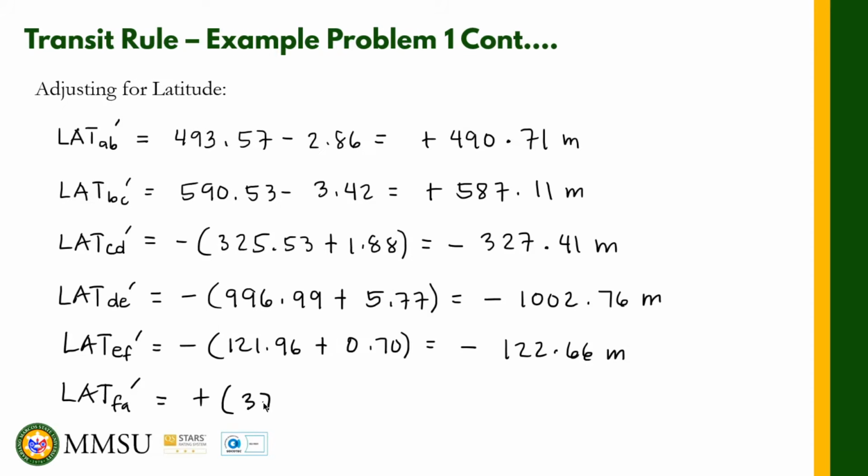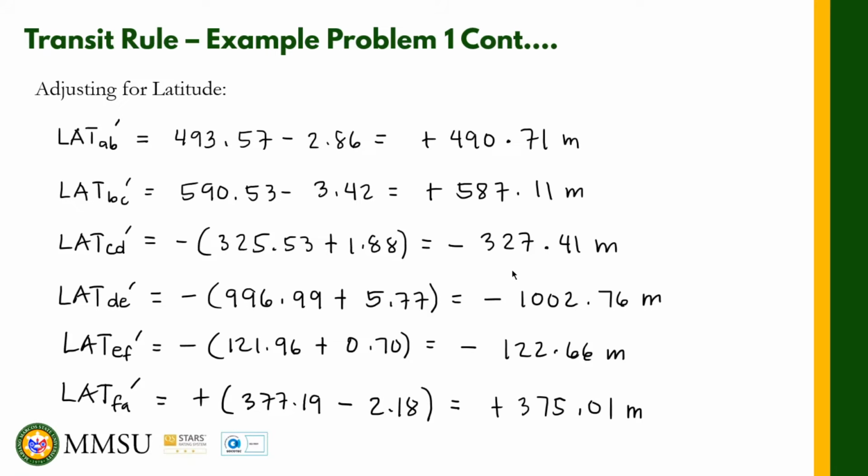This is the original. Okay, we need to subtract, because this is positive, we need to subtract the correction of 2.18. So we have positive 375.01 meters.